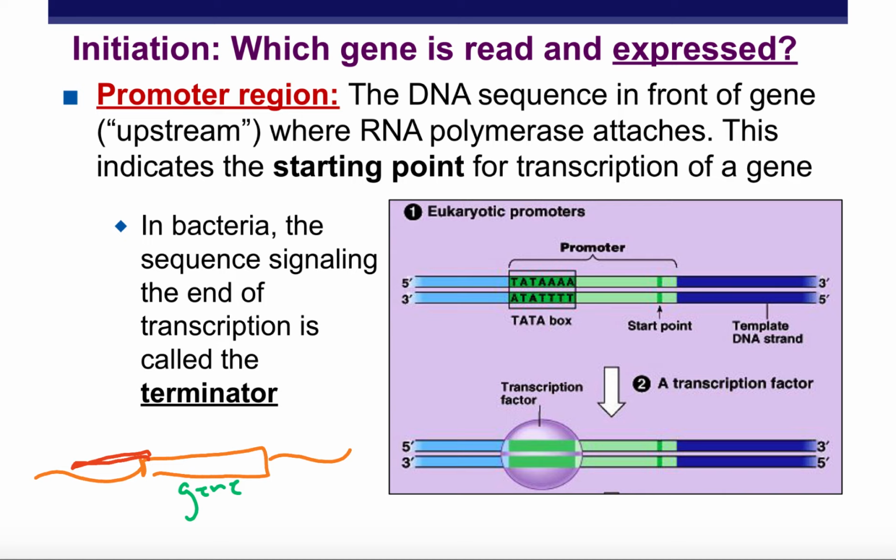Basically, it indicates the starting point for transcription of a gene, and it helps control and regulate when you use that gene and make RNA from that gene so that you can make proteins from that gene.